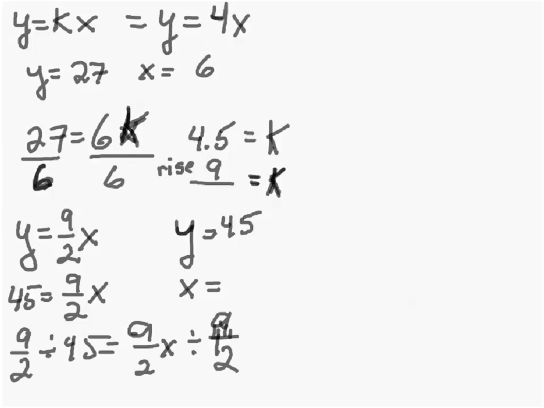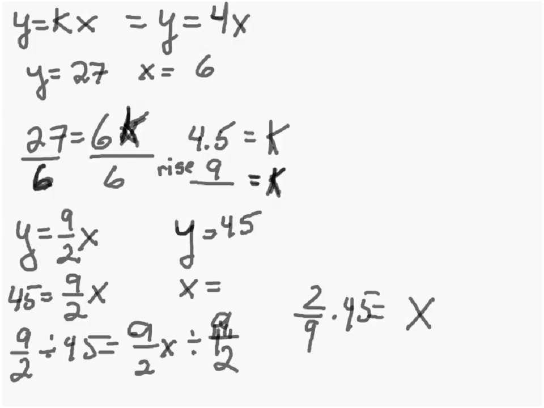You flip it over and multiply. So on the left it'd be 2 9ths. Yep, exactly. So on the left we'd have 2 9ths times 45 equals x. Because when you're dividing something, that's how we move it over. We're left with just x on the right side.